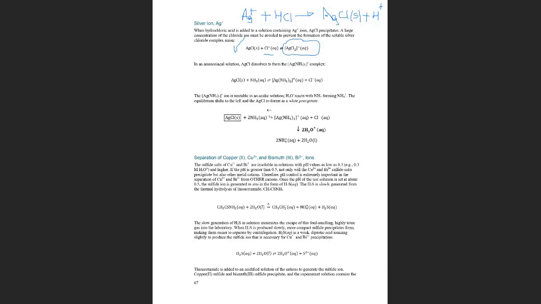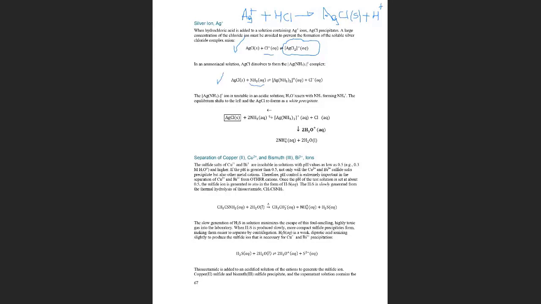Let's say you add hydrochloric acid and you obtained the white precipitate. And then you're going to say, am I sure that I have silver? So you have a second reaction, which is adding ammonia.